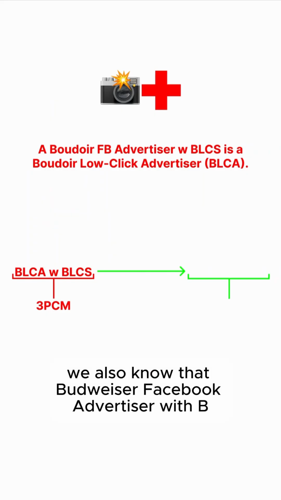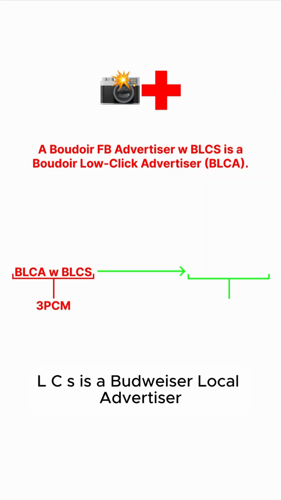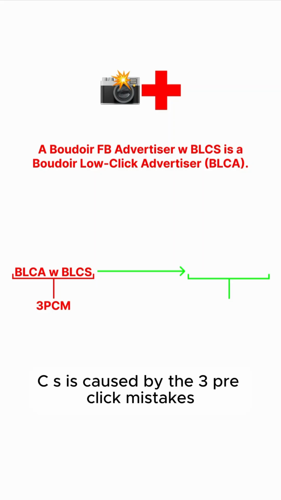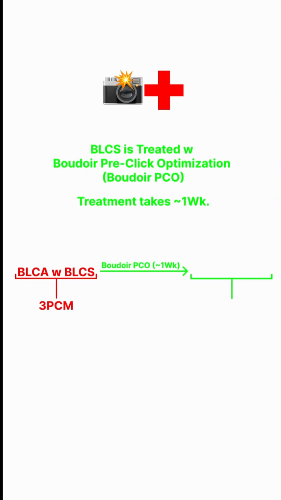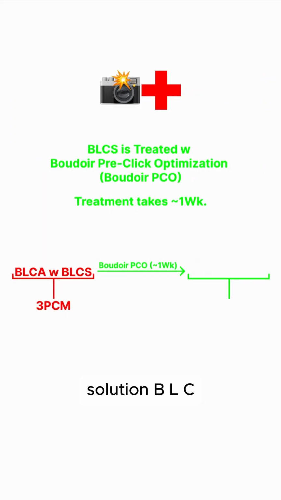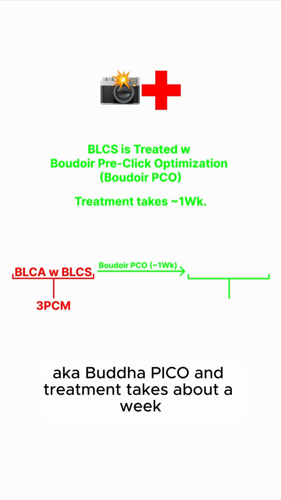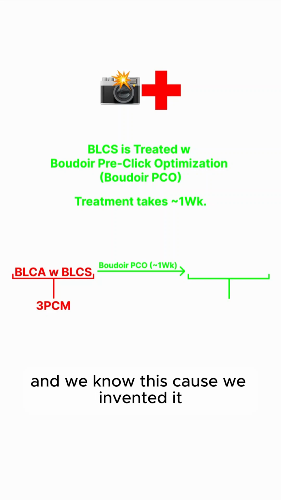We also know that a Boudoir Facebook advertiser with BLCS is a Boudoir low click advertiser, a BLCA. So, building our universe here, we've got a BLCA with BLCS caused by the 3 pre-click mistakes. Solution: BLCS is treated with Boudoir pre-click optimization, aka Boudoir Pico, and treatment takes about a week. We know this because we invented it.